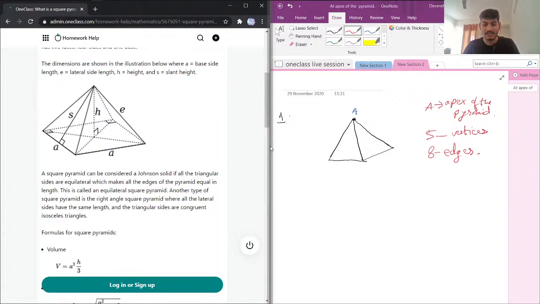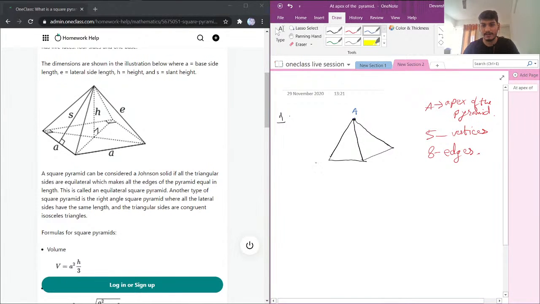In an equilateral square pyramid, all the triangles are equilateral triangles. So basically, I'll just use blue again.